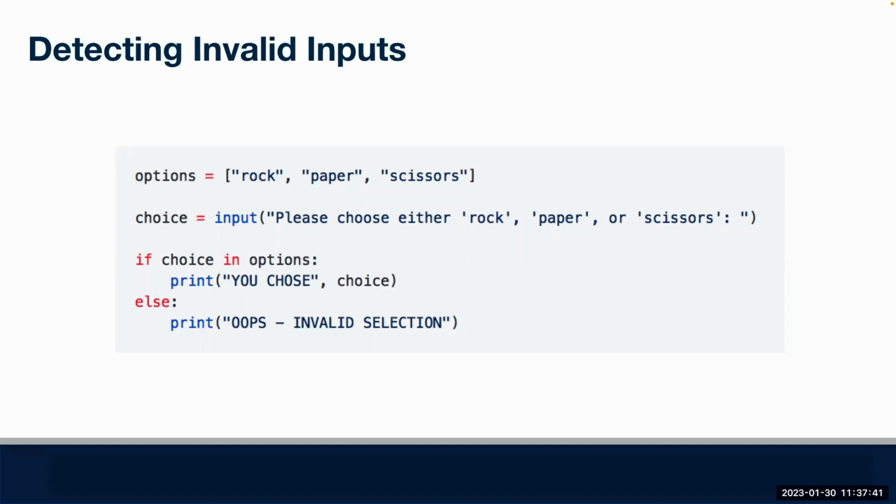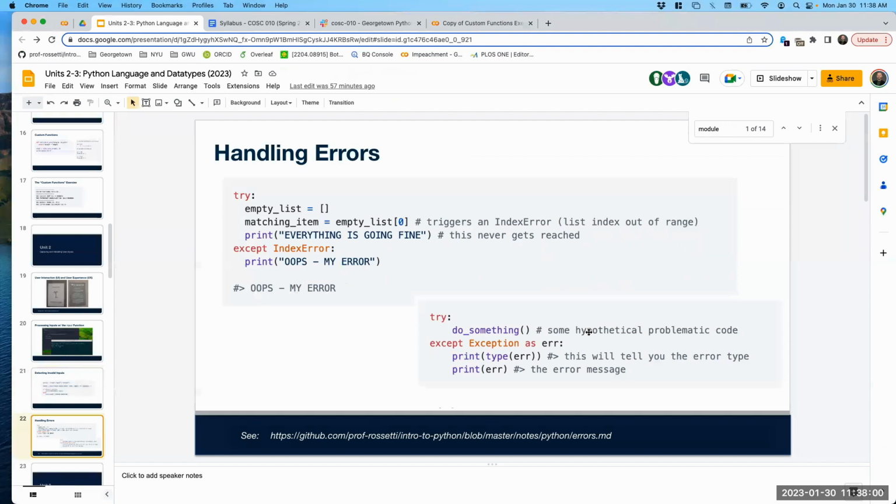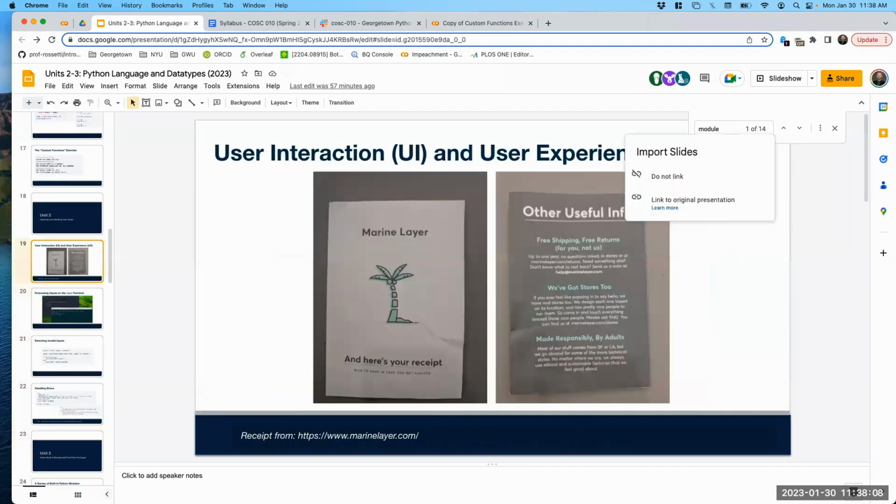So we'll want to do things like gracefully handle errors. If a user does something that they're not supposed to do, let's try to anticipate that and maybe give them another opportunity to get it right. So anyway, that's a little bit about detecting invalid inputs and handling errors. And so you'll see some examples here, but that's all I wanted to say about user experiences and interactions.